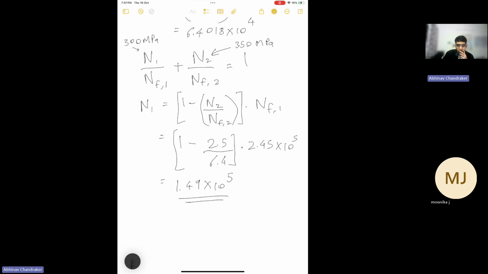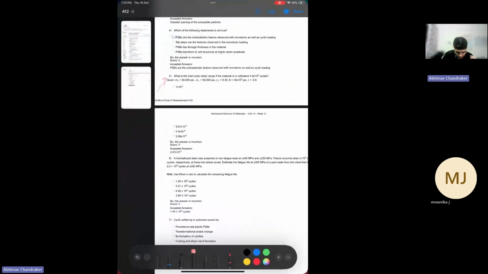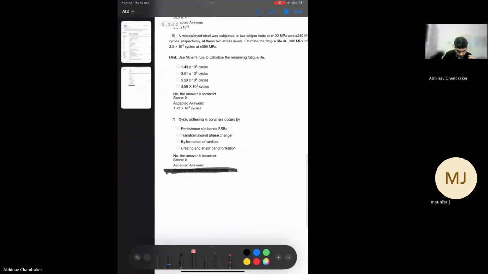Screen is still not visible? It's visible, no? Okay. So the last question is: cyclic softening in polymers occurs by which of the following? We have already discussed this in summarization, that we have a dual mechanism of craze and shear band.